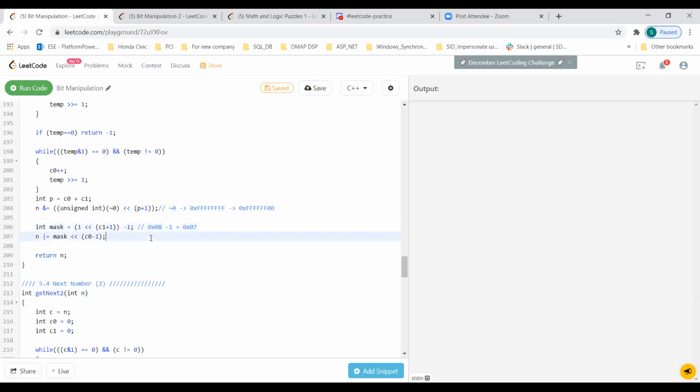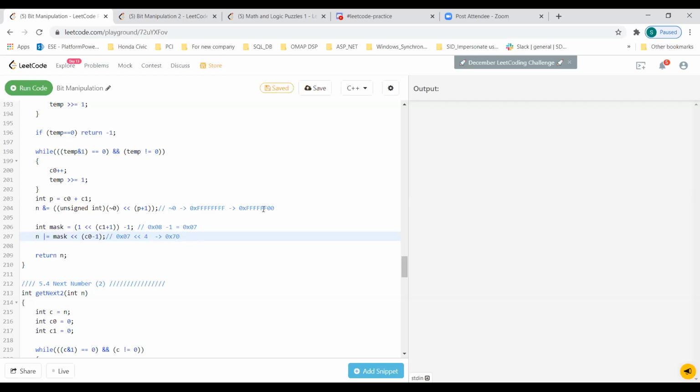And then when I'm done with this 0x07, I need to shift this by 4 bits. So if I shift 0x07 by 4 bits, I think it will be 0x70.